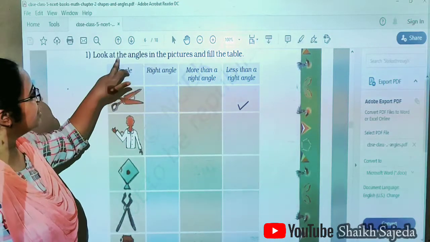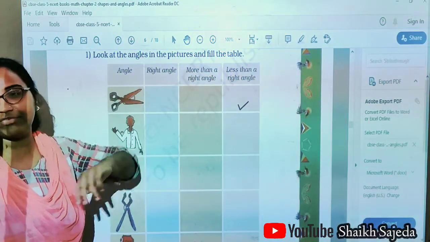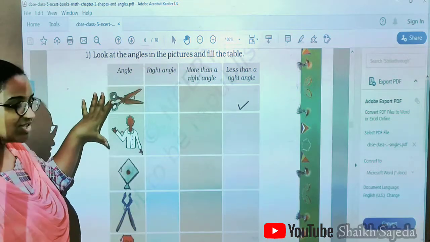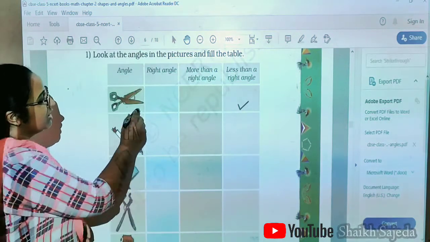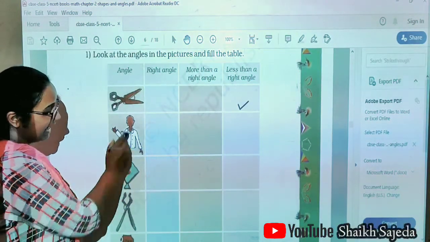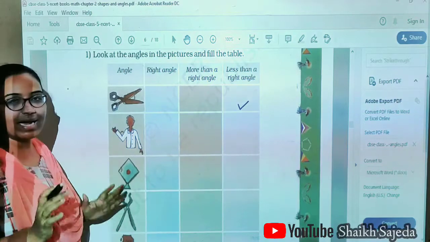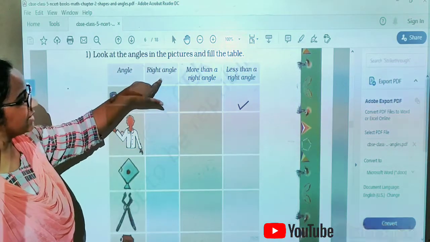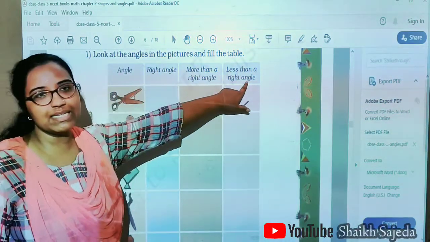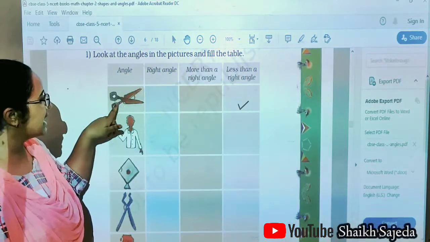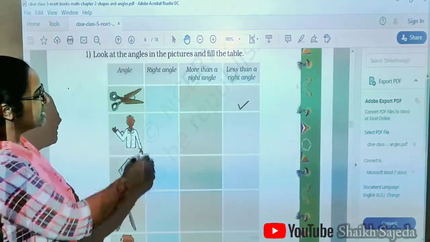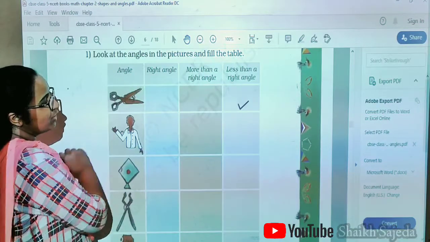Here what we have to do is look at the angles in the pictures and fill in the table. Here a picture is given, and in this picture angles are also shown. You have to identify whether the angle is a right angle, more than a right angle or less than a right angle. The first example is already given. Here is a picture of a scissor and an angle is formed here.